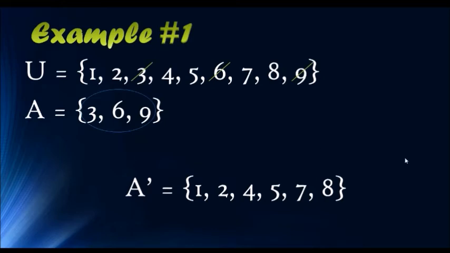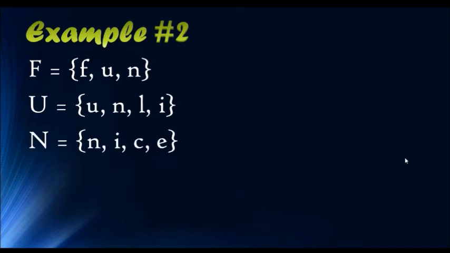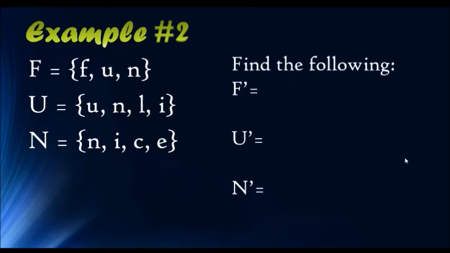Understand? Okay, next. We have your example number 2. Again, we have your set F, set U, and set N. Try to find the following. First, we have your F complement. We said a while back that our basis here will be the universal set. Now, let's try to combine all of them.